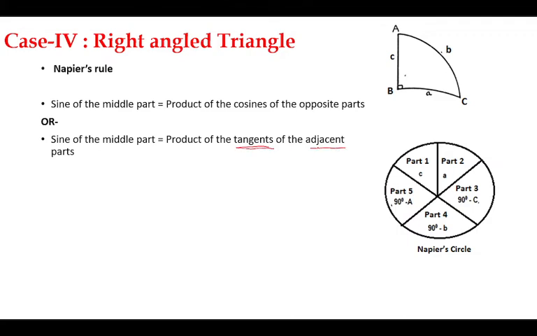These are rhyming words, they go together, while cos and opposite go together. So that is one more Napier rule that we have. With respect to this rule also, we can create 5 more formulas. So in total we have 10 formulas with Napier's rule. Out of that, we just have to select one formula to find the required component.